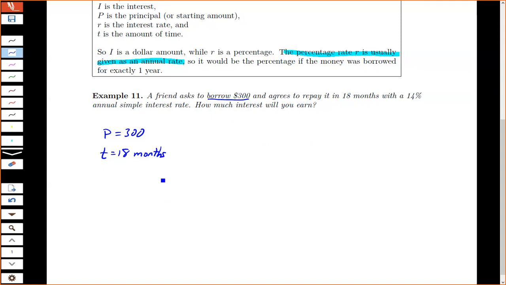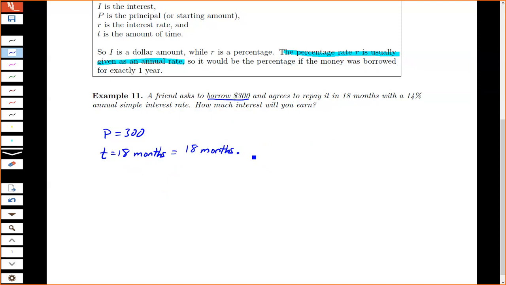Okay. Here's the thing about time, though. Since interest rates are given as an annual rate, it's usually easiest to make sure that my time is also in those same units. So let's convert that to years.